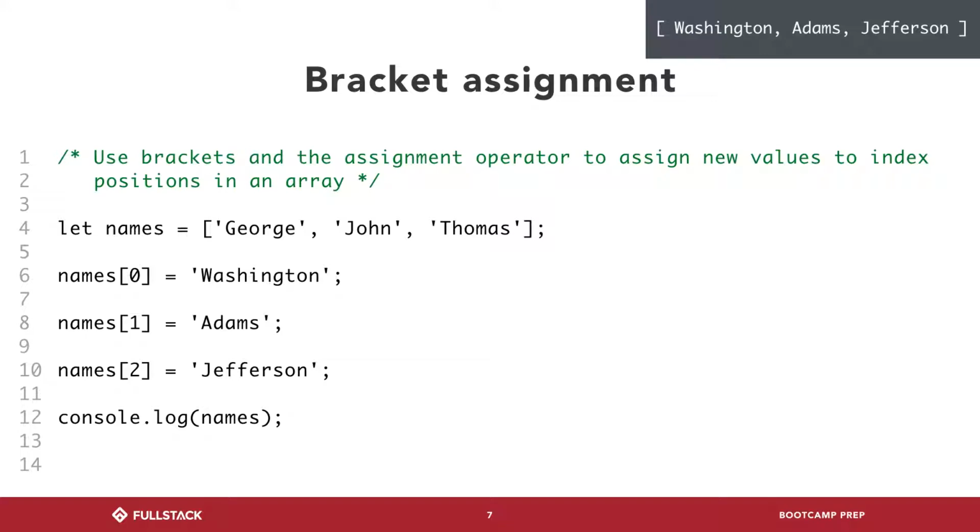It's going to actually say, hey, whatever was there before, let's now override it with this new thing that we're checking, right? So here we have George, John, Thomas. When we do names index 0, we're saying, hey, whatever was in names index 0, let's set that equal to Washington instead. And so that basically overrides the previous first element of the array with now this new value.